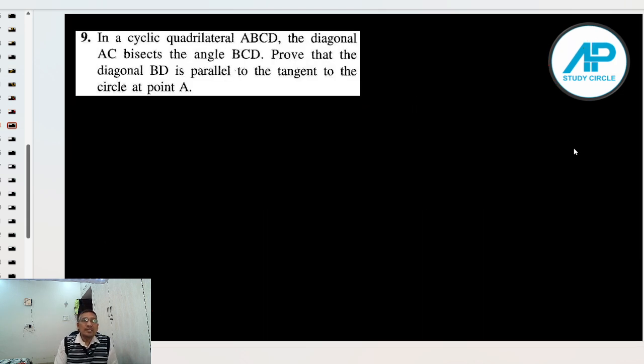The next question: in a cyclic quadrilateral ABCD, the diagonal AC bisects the angle BCD. Prove that the diagonal BD is parallel to the tangent to the circle at point A. I should make a diagram.